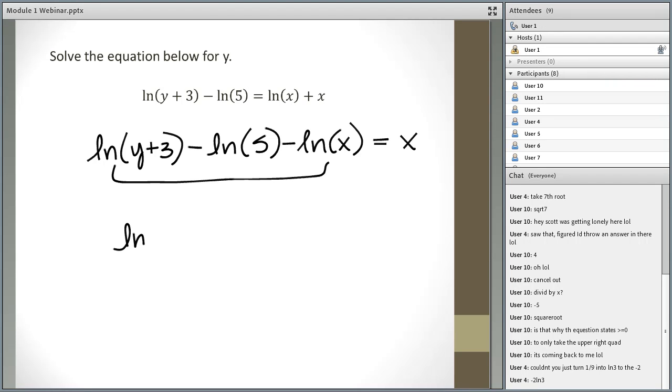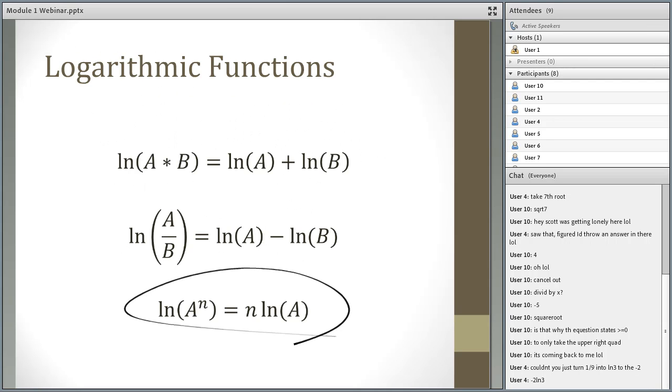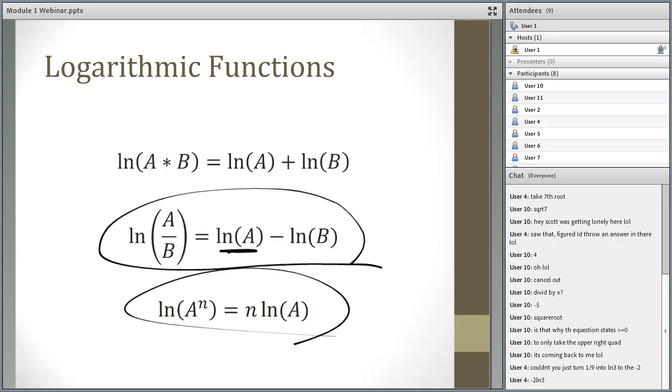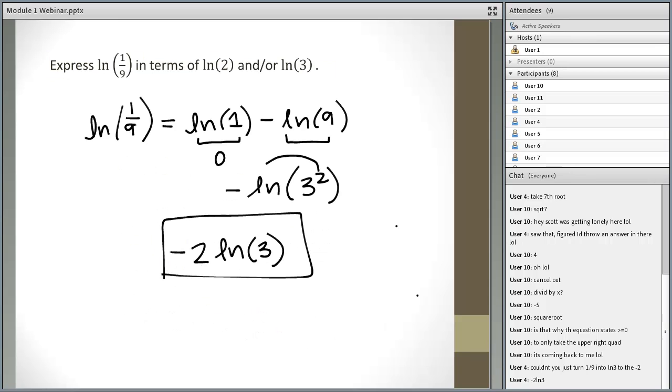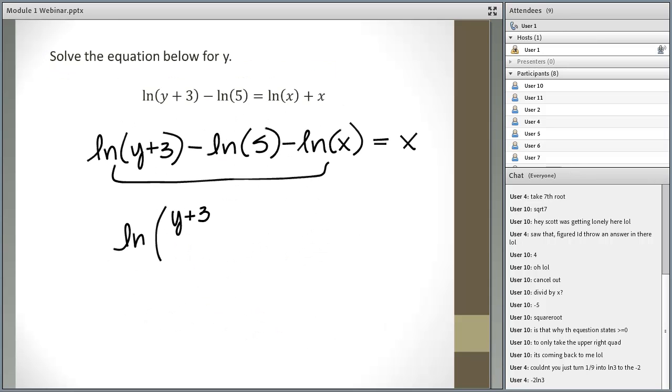Since y plus 3 is positive, it would go in the numerator, because if we go back to the log rules, if I have natural log of a over b, I have natural log a minus natural log b. So anything that's being subtracted goes in the denominator. So what is in the denominator here?